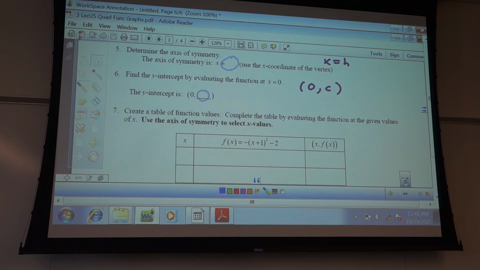Fill in, that's your h. X equals h, you just remember that, right? And then, what's that one? Let's see. What's C? Put in C. We found C, didn't we?